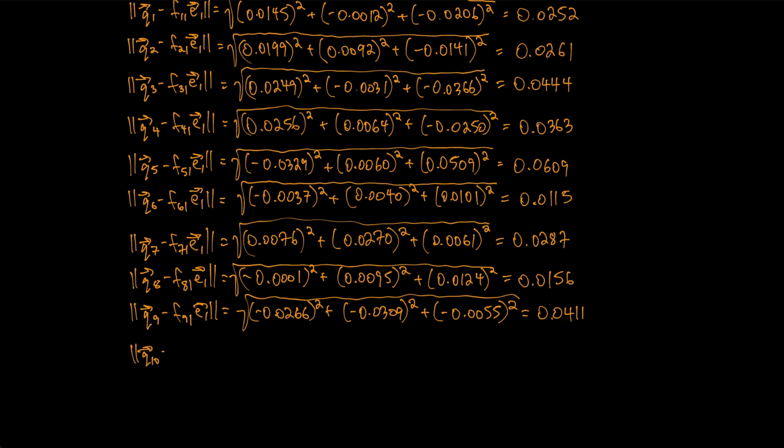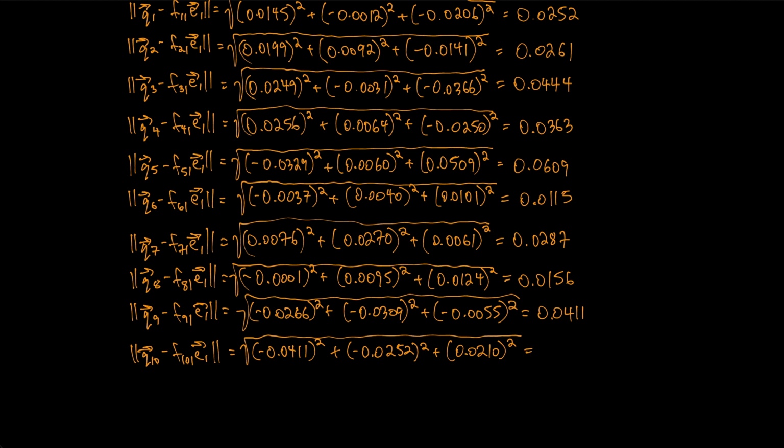For Q10 minus F101 E1, we get negative 0.0411 squared plus negative 0.0252 squared plus 0.0210 squared, and that's 0.0526, which is small just like all the rest of them.